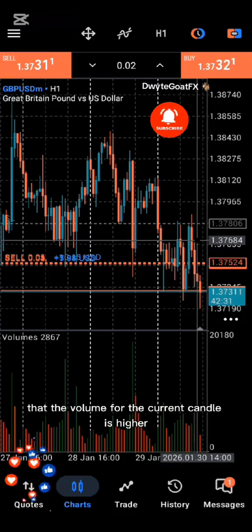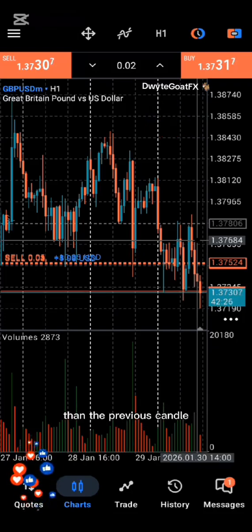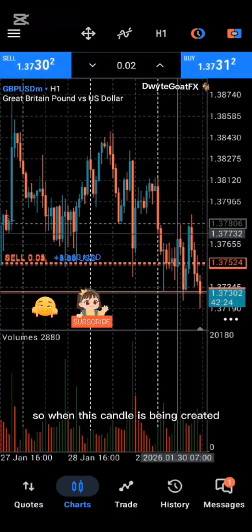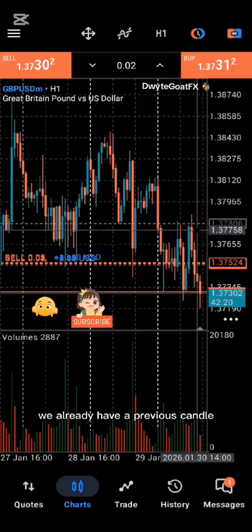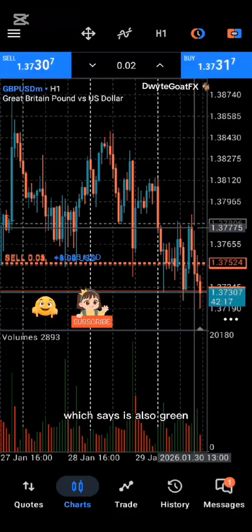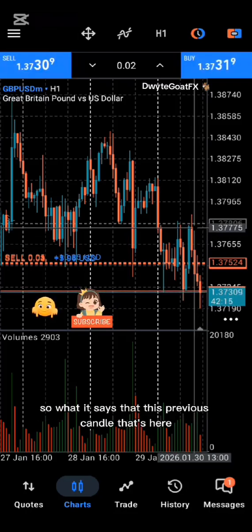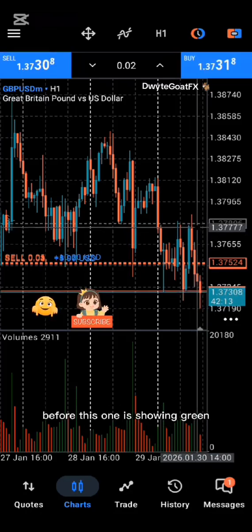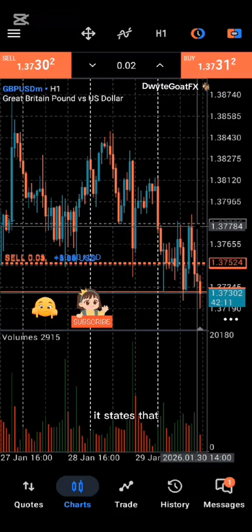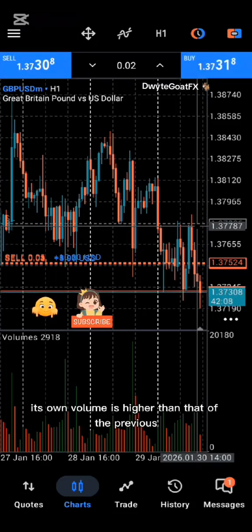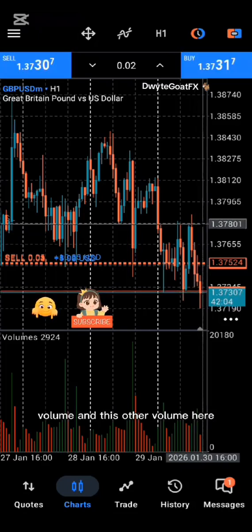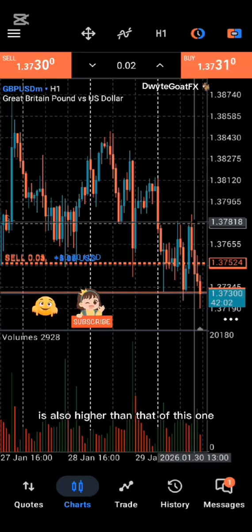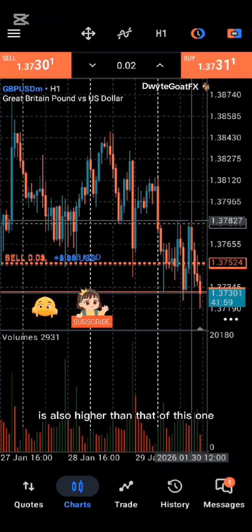It indicates that the volume for the current candle is higher than the previous candle. When this candle is being created, we already have a previous candle which is also green. This previous candle before this one is showing green, so it states that its own volume is higher than that of the previous volume, and this other volume here that is still showing green is also higher than that of this one.